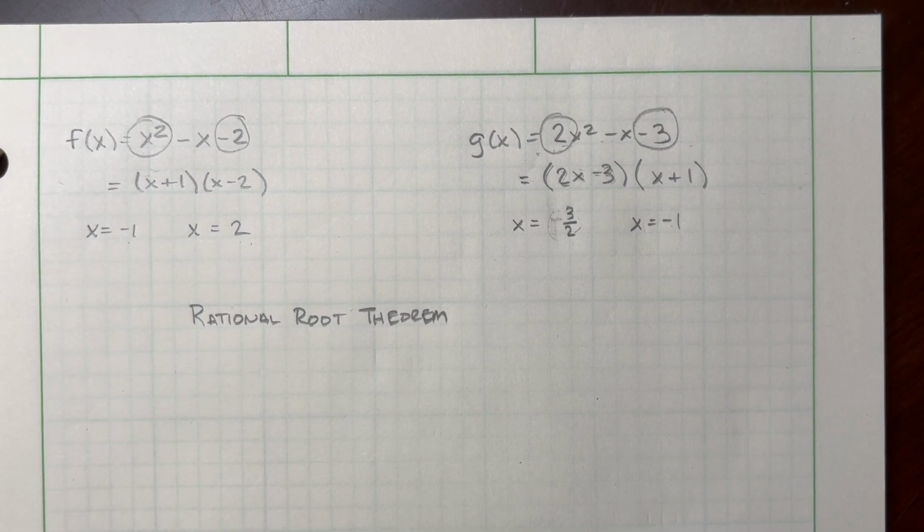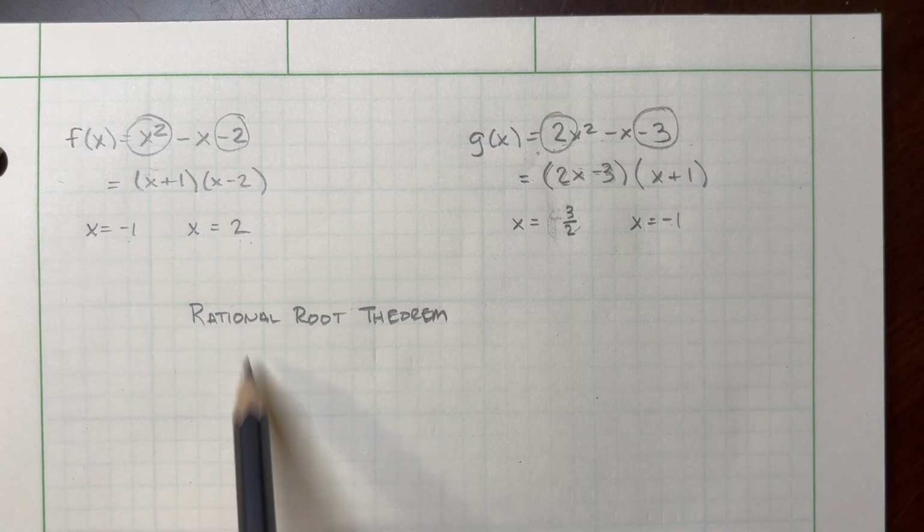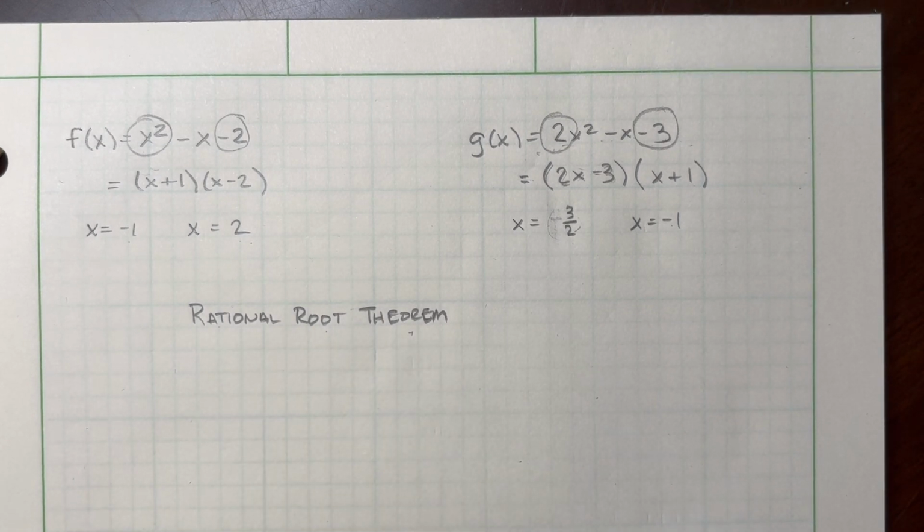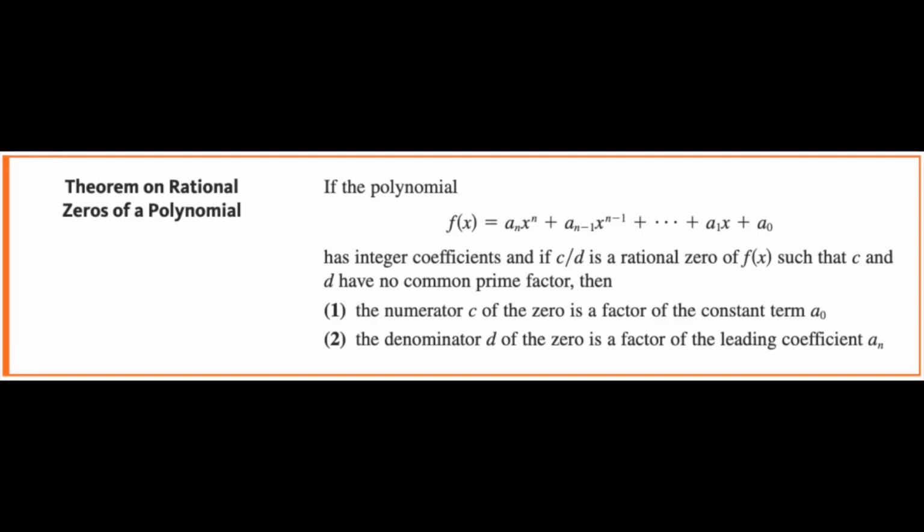Now, not every polynomial has all of its roots that are rational, but if they exist, the rational root theorem will help us find them. This is the rational root theorem. It's useful for identifying candidates that might possibly be rational roots of a polynomial.